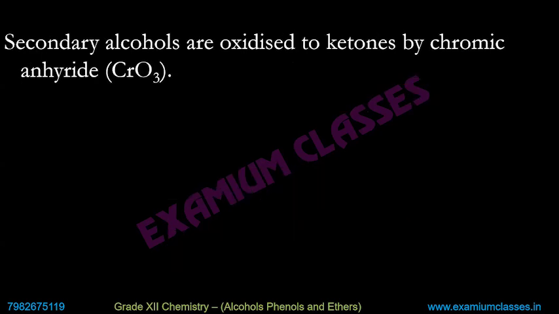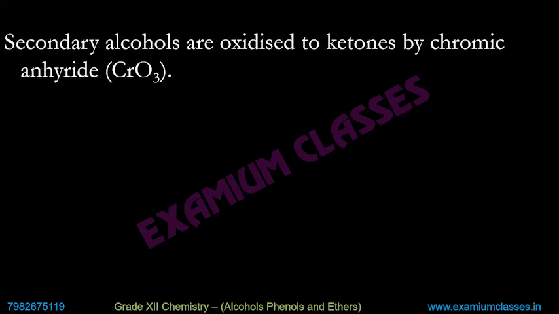Secondary alcohols are oxidized to ketones by chromic anhydride. So it is known as chromic trioxide or chromic anhydride. Both names are used. Also known as chromic oxide. So remember this reagent. Secondary alcohols are oxidized to ketone by CrO3.